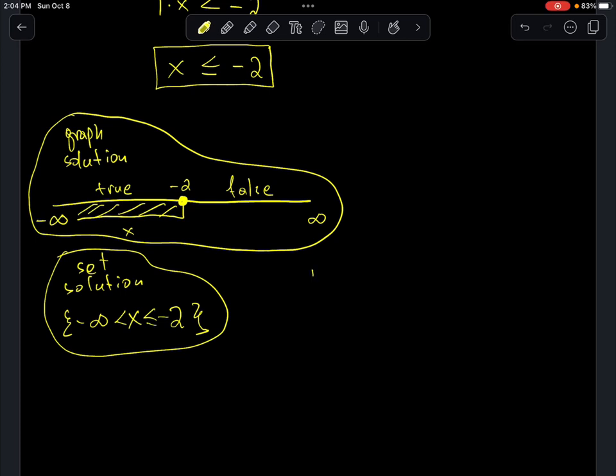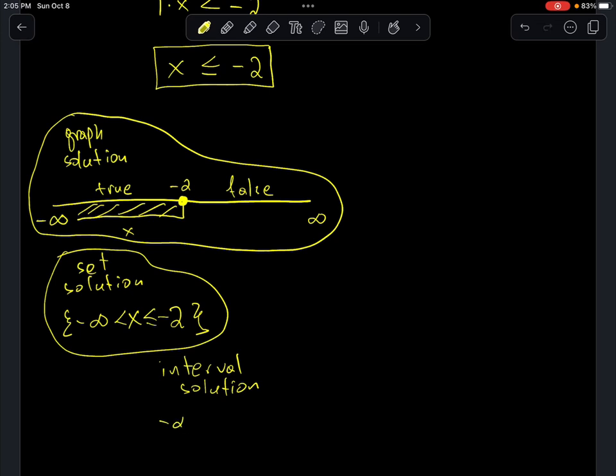And then we have the interval solution. Let's put it underneath. That only takes into account the endpoints. The endpoints are negative infinity and negative 2. You can see it either in the graph or in the set solution.